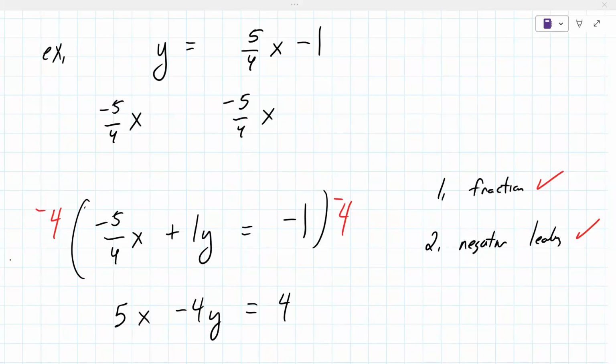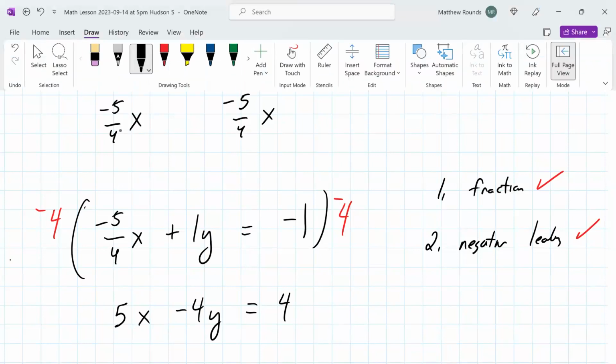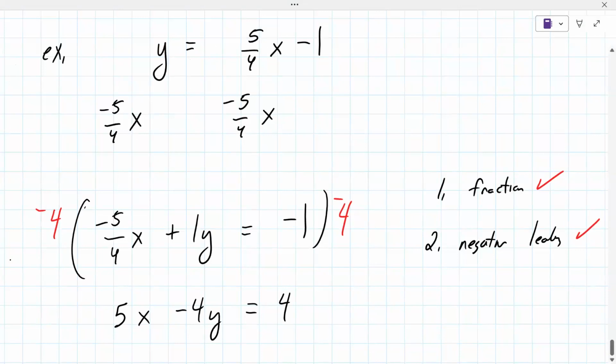All right, so those are all the possible examples that you could see. So I'm going to give you a few to try now and have you work on them. But any questions before I do that? I don't think so. Okay. Let's say it's y equals 3x minus 2.